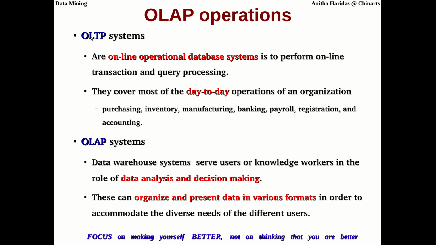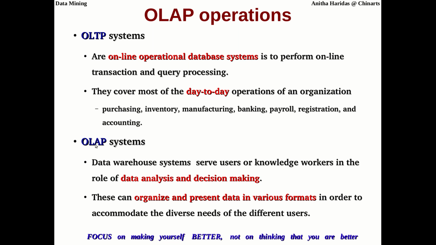These are the systems that cover most of the day-to-day operations of an organization. For example, accounting, day-to-day banking, manufacturing, payroll, purchasing, inventory: if you have the daily tasks to be recorded, I can use the OLTP systems.